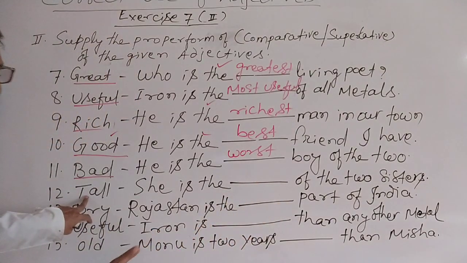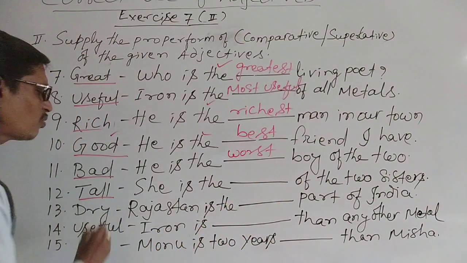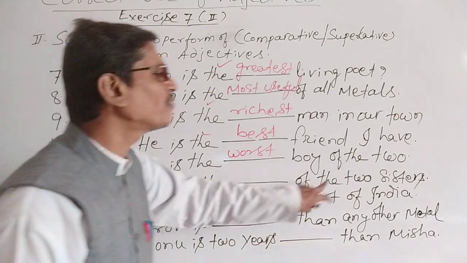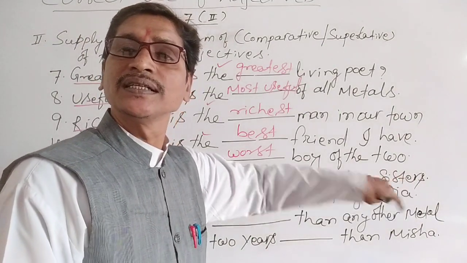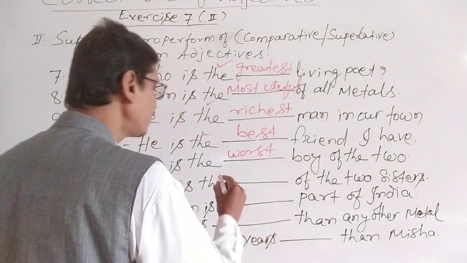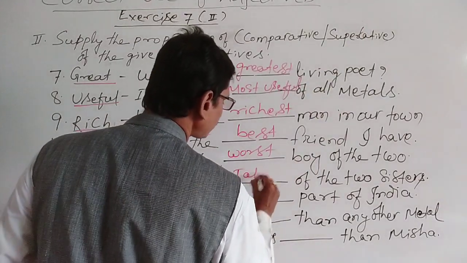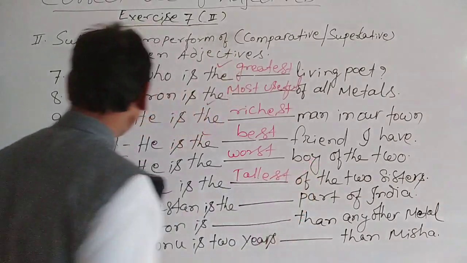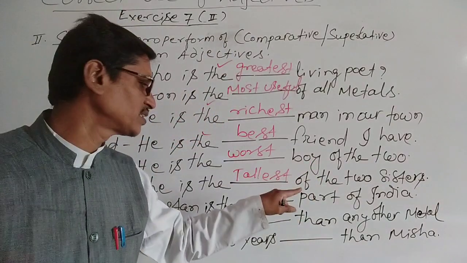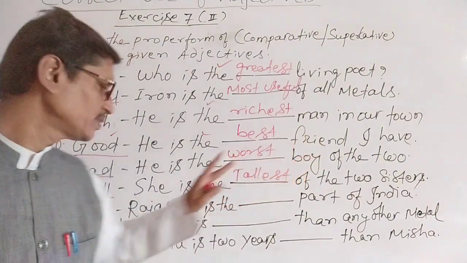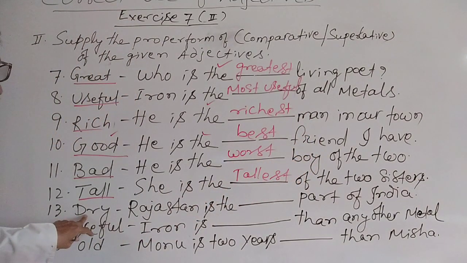Understand? Similarly, next, number 12 is tall. She is the dash of the two sisters. The superlative here also: she is the tallest of the two sisters. Similarly, dry.